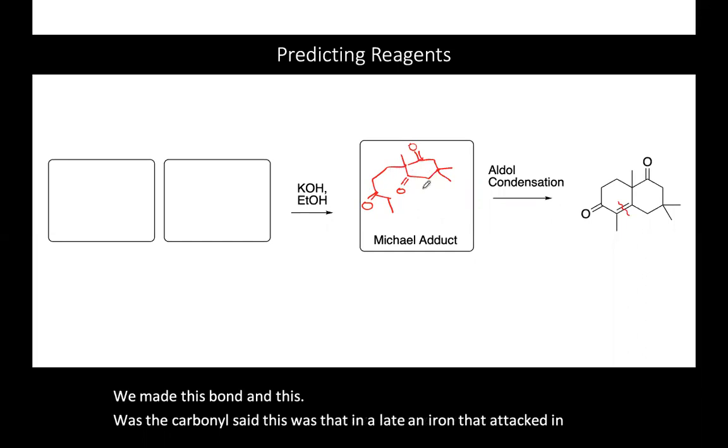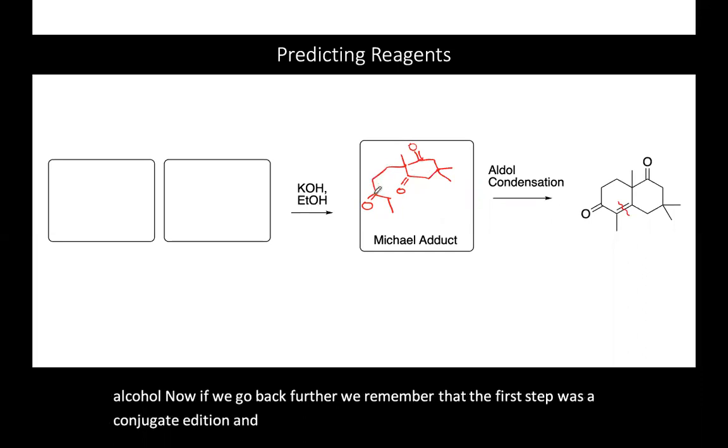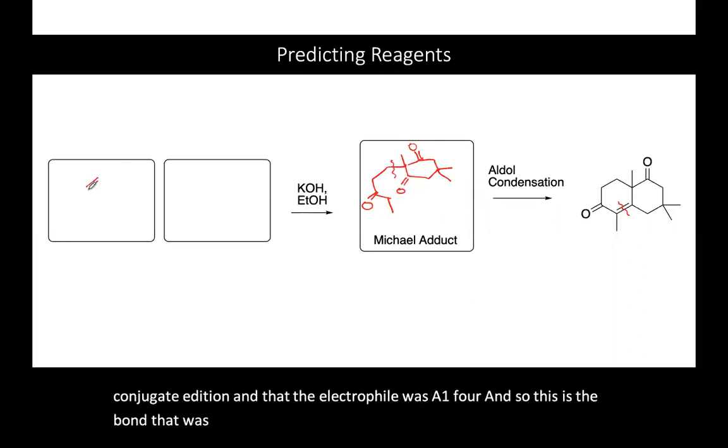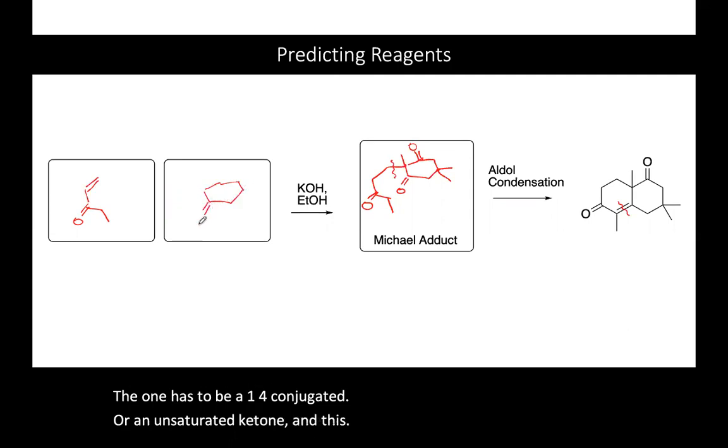Now, if we go back further, we remember that the first step was a conjugate addition, and that the electrophile was a 1,4, and so this is the bond that was made. So the starting material has to be a 1,4 conjugated system, or unsaturated ketone, and this is usually the diketone.